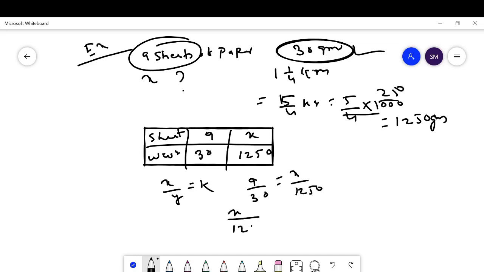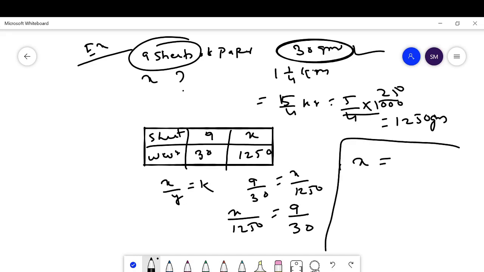I have already told you, students, when you solve linear equation questions, always keep the variables on the left side. Here I share the board. Here x is equal to, using cross multiplication, 9 into 1250 upon 30.